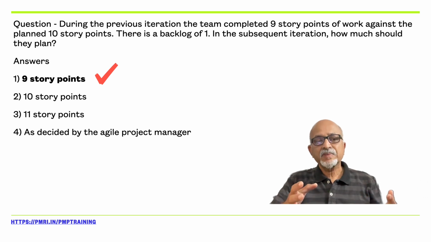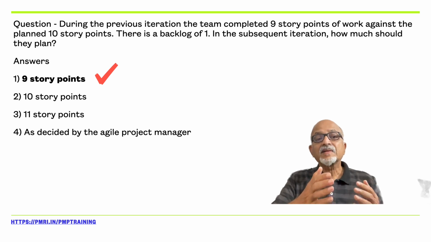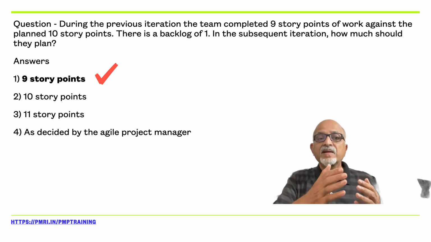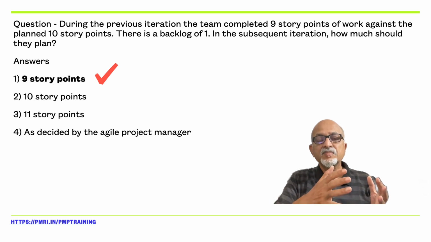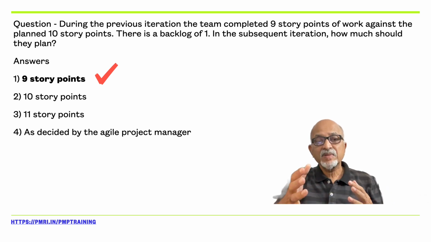Then what can happen if the capability of the team has really improved? They will complete this 9 ahead of schedule and they'll try to do something extra. So in that process, the planned will become 8 and the achieved can become maybe 10 or 11 or 12. Then what happens?